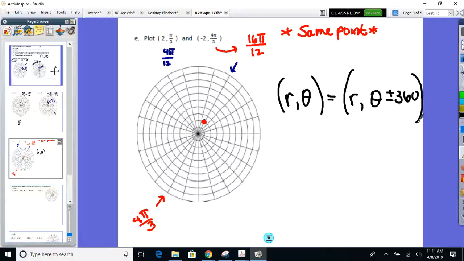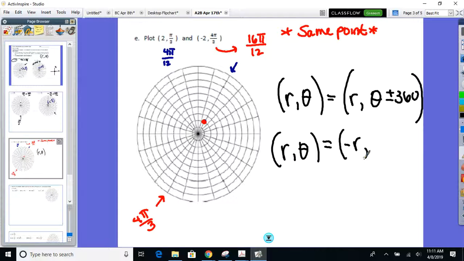Everyone good? And also, quick review, 360, same as what in radians? 2 pi. Okay, remember that. Or we just found out you could make that r value negative, but be careful here. What would I want to add or subtract now to that theta value to get to that point on the opposite side?